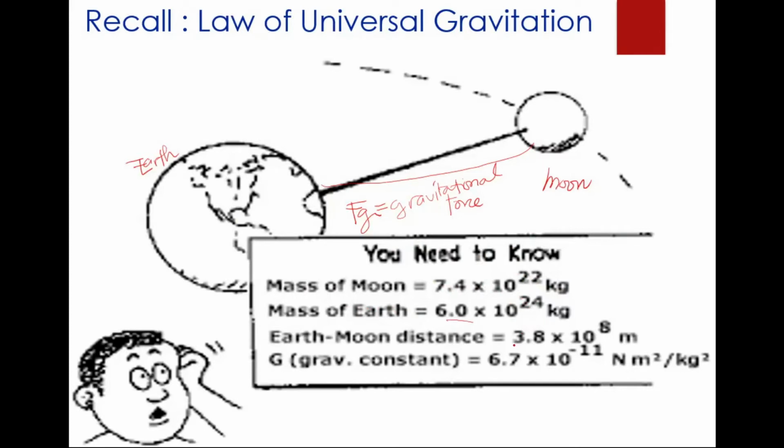The approximate distance between them is 3.8 times 10 raised to 8 meters, and the universal gravitational constant is 6.7 times 10 raised to negative 11 Newton meters squared per kilogram squared. We can calculate the gravitational force between the Earth and the Moon.